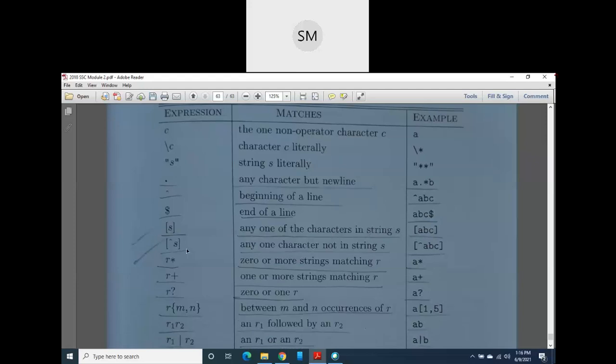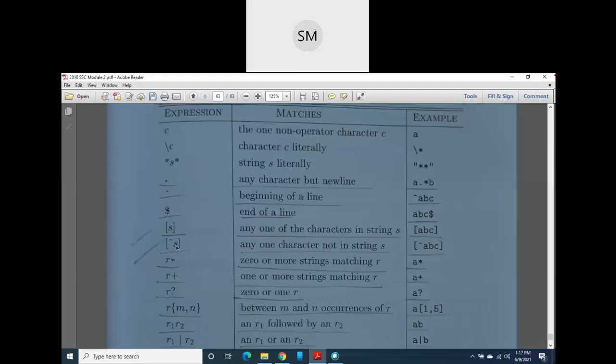Next, the cap. Already I told you what this cap indicates. Without a square bracket, if you use the cap, it indicates the beginning of the line. But inside the square bracket, if you type the cap followed by a string, its meaning is different.